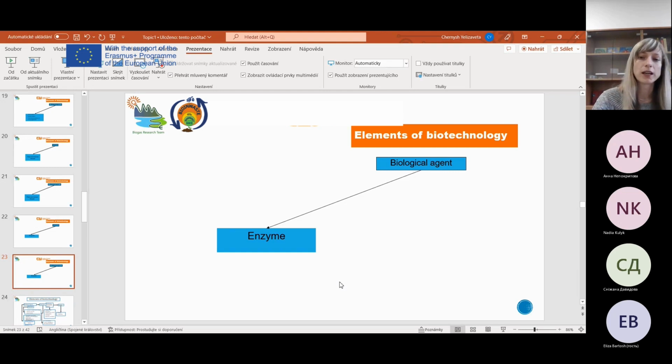Enzymes can be biological agents and enzymes can be byproducts. Different biotechnologies involve different functions of enzymes, different operations. We can get an enzyme as a byproduct and use it, or we can input the enzyme into biotechnology for activation of fermentation processes. So there are different ways of using enzymes.